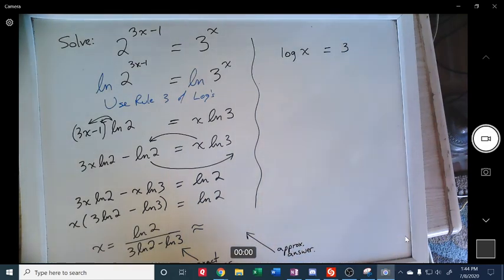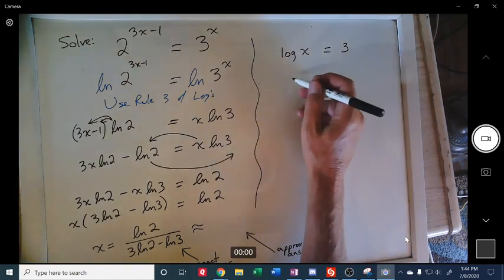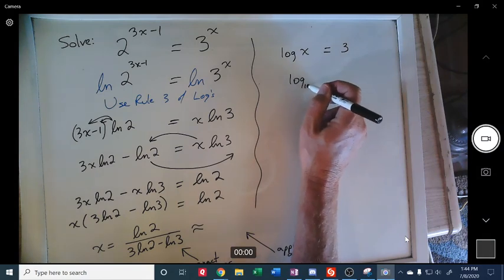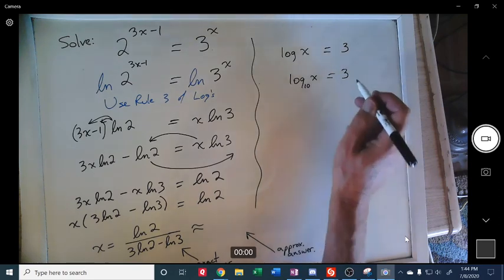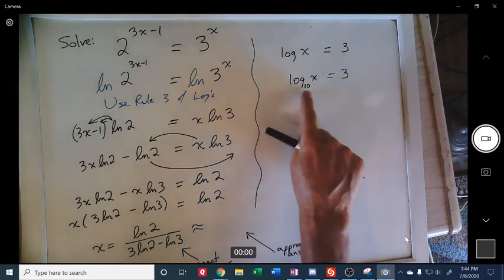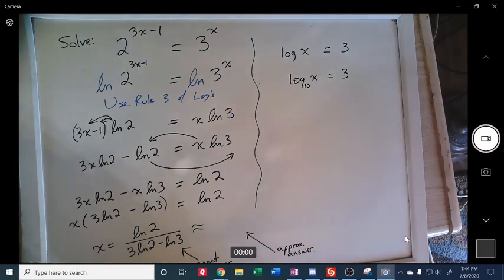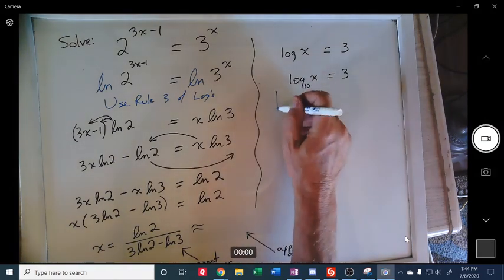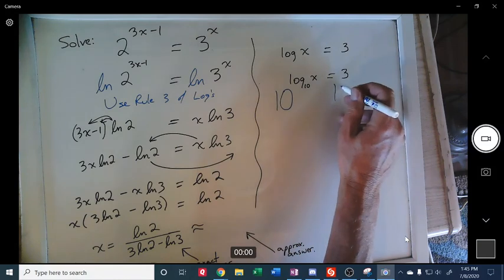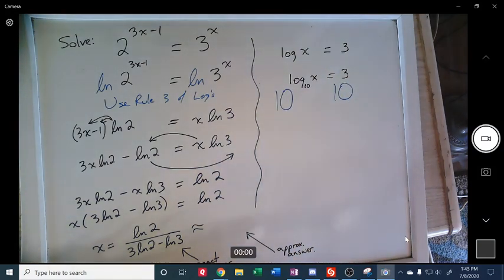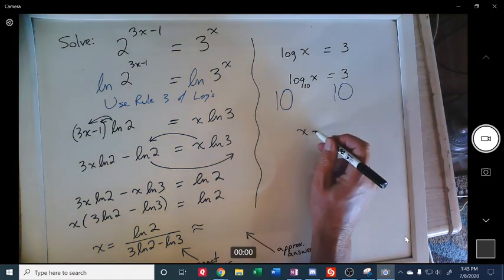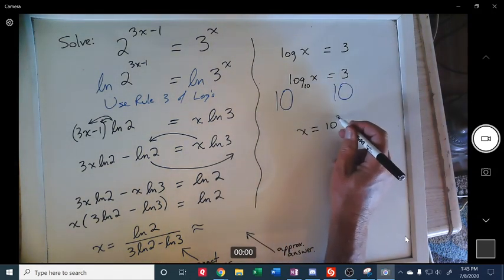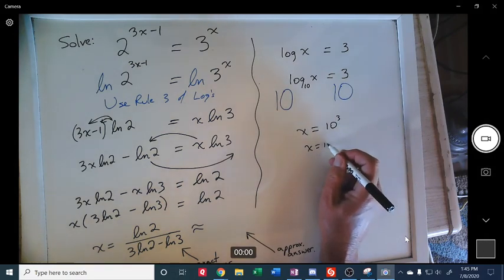All right. So there's an unwritten base. When you see the word log, it means base 10. To get rid of the logarithm, a really quick way to do it is put a giant base underneath it. And what happens then is 10 and log base 10 kill each other off, they're inverse functions, and you get 10 to the third, or x is equal to 1,000. Like this.